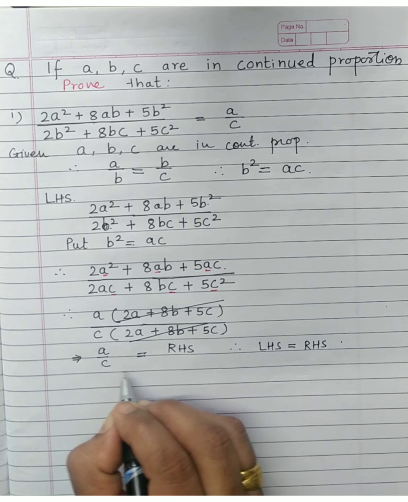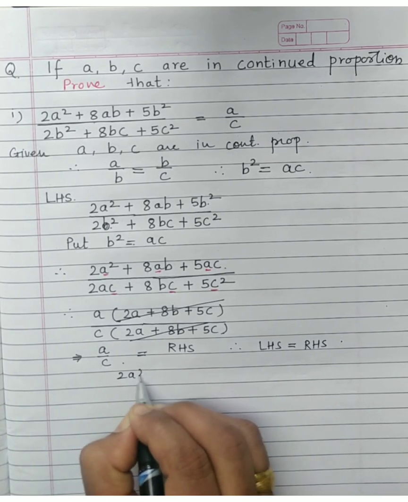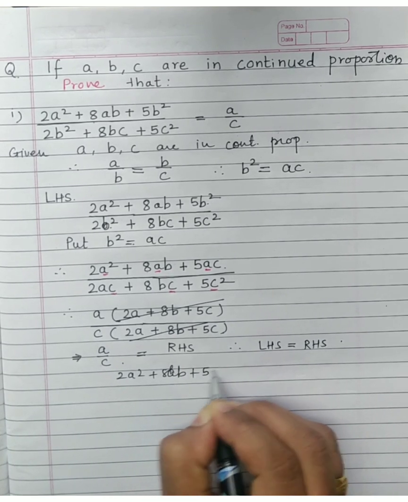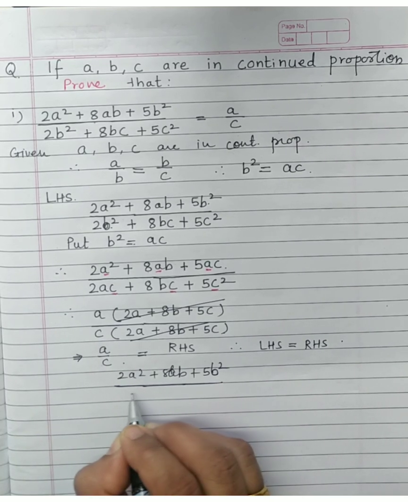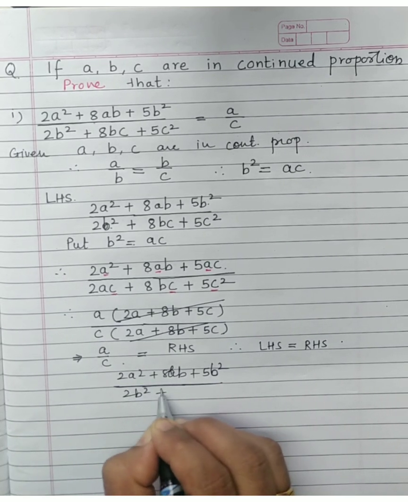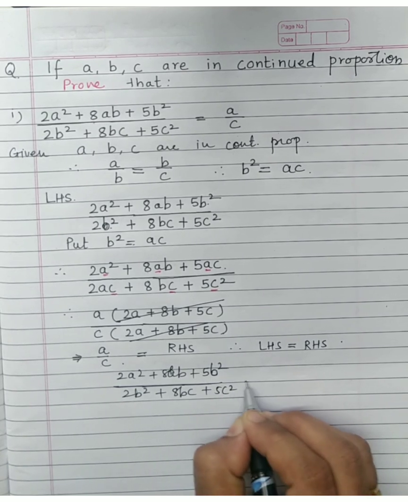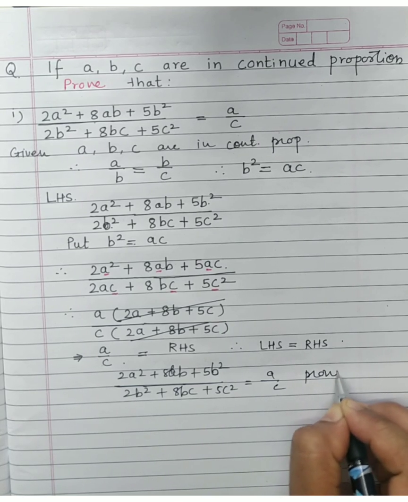Hence, you have proved what? 2A square plus 8AB plus 5B square upon 2B square plus 8BC plus 5C square is equal to A upon C.